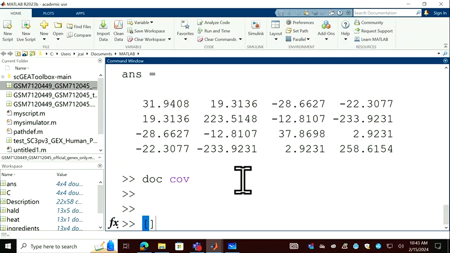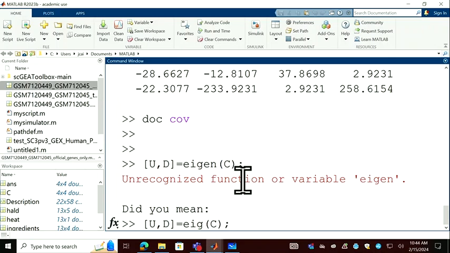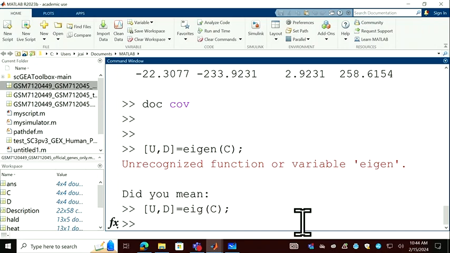Let's see, we will ask for U and D from C. The function name is called EIG. Remember, our goal is to find the rotation matrix.